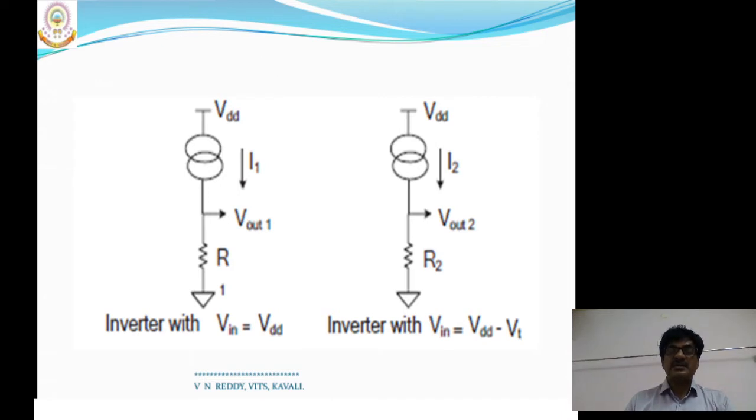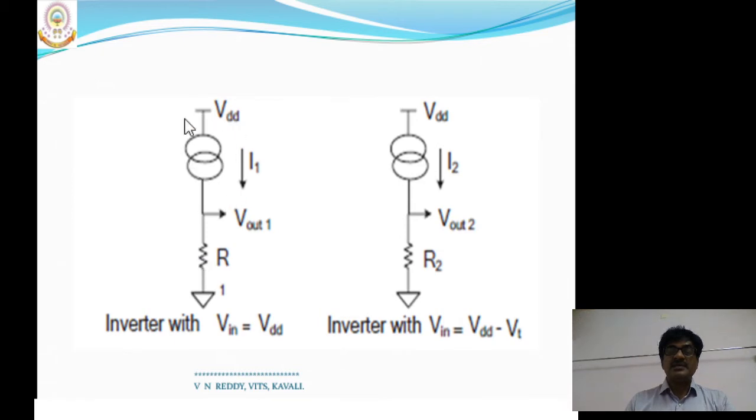Why? Since it is in on state, the VDS voltage across the pull down transistor is very small. So the transistor operates in non-saturation, hence it is represented by a resistor.